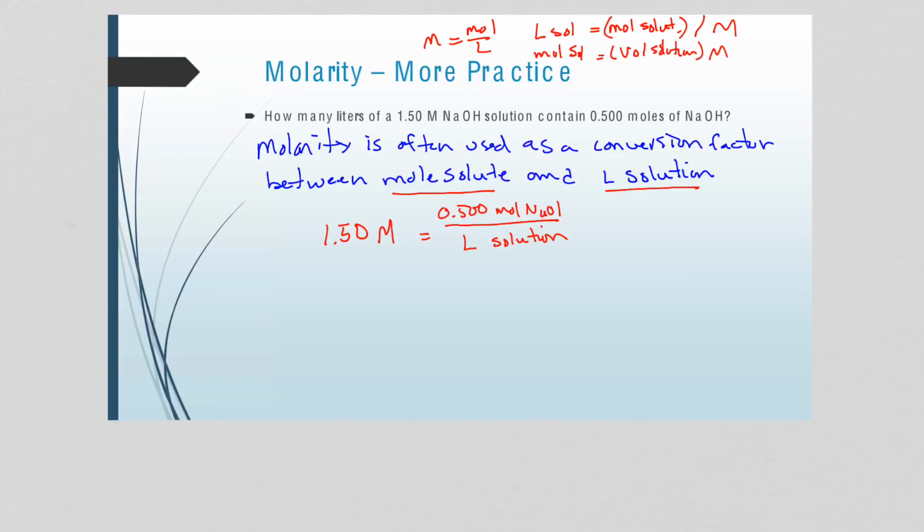So I end up with liters of solution equals 0.50 moles NaOH divided by 1.50 molarity. And if I do that math, we end up with 0.333 liters of solution.